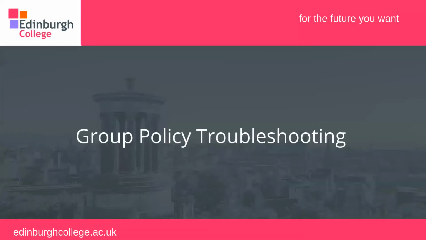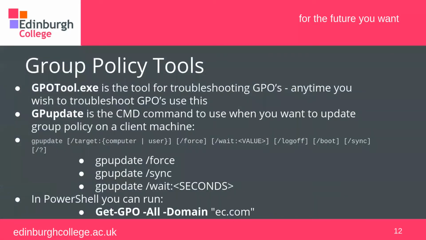Okay, group policy troubleshooting. So when we want to troubleshoot a group policy object, how do we actually do that? Right, we can use the GPOtool.exe as a tool we can use to troubleshoot.